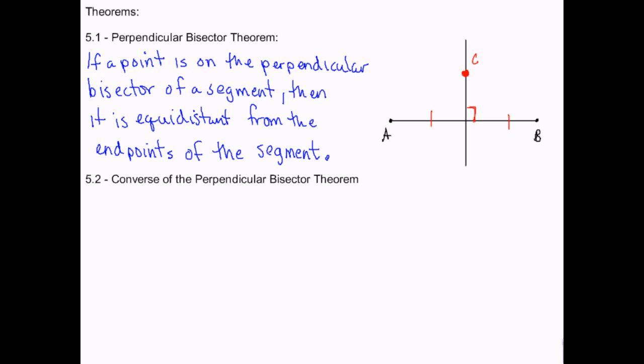So if we do that, I can come in and go from A to C or C to B, and it'll be the same length. Okay. What this creates is, as you can see, an isosceles triangle.